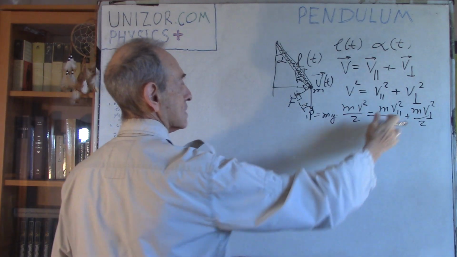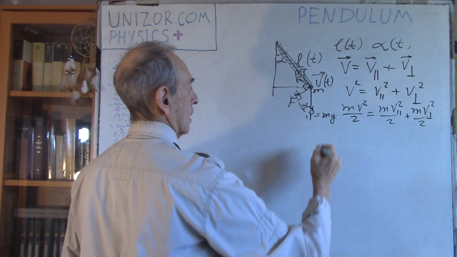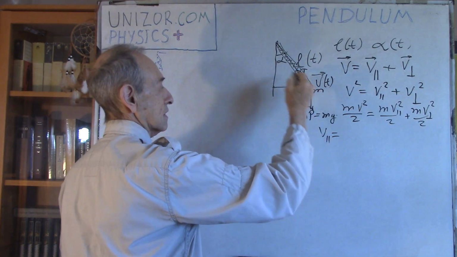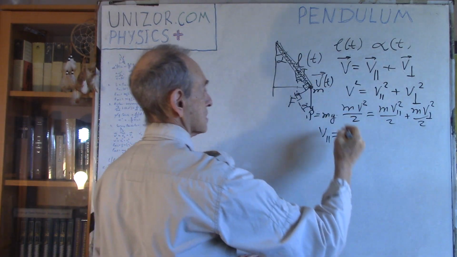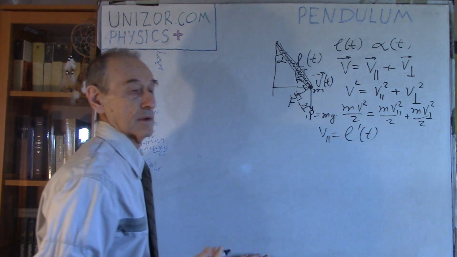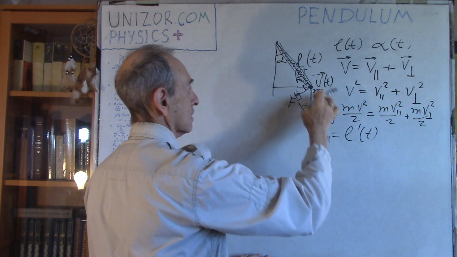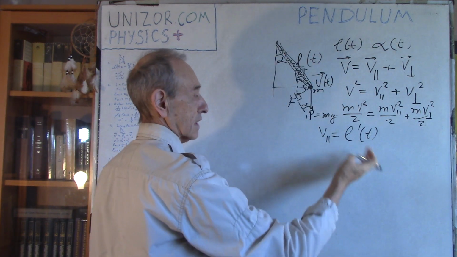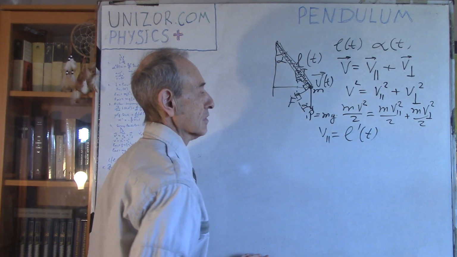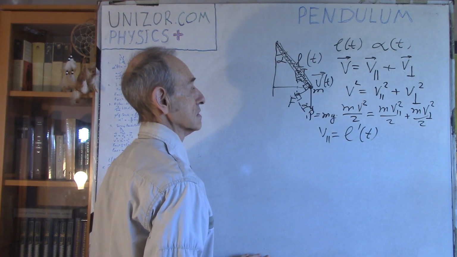Now, what is V parallel? Well, V parallel, the speed within this thing, it's just L prime of t. It's the speed of changing the length. Well, length is L, so the speed is the first derivative. That's it, very easy.